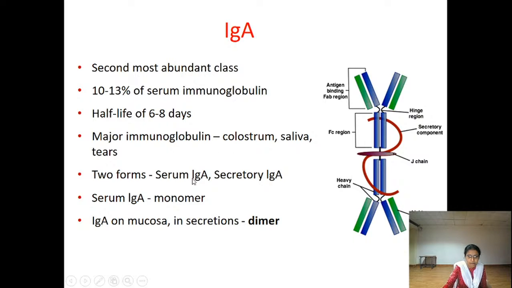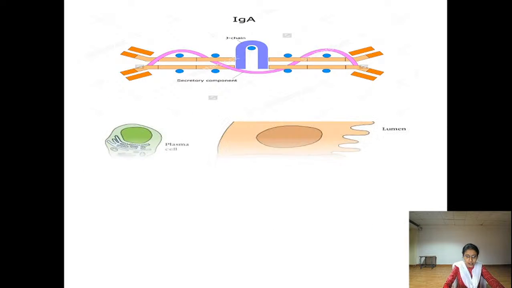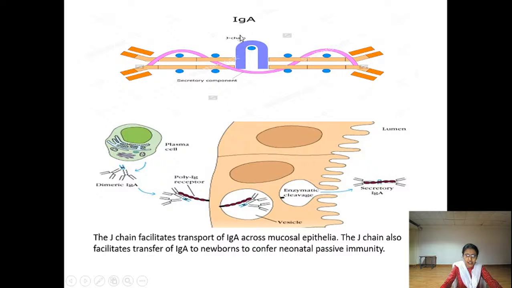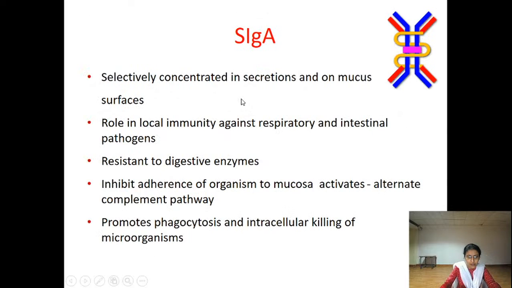Serum IgA is a monomer, and the IgA on mucosa, or secretory IgA, is a dimer. Okay. And here we have a J chain in IgA. This J chain facilitates the transport of IgA across the mucosal epithelium, and it also facilitates the transfer of IgA to the newborns to confer neonatal passive immunity.